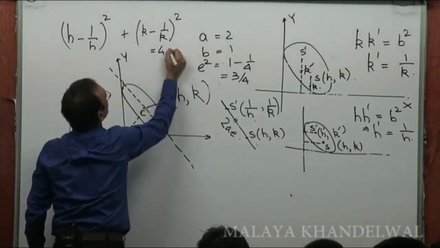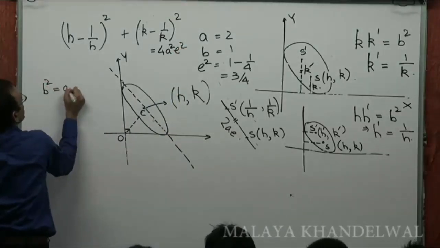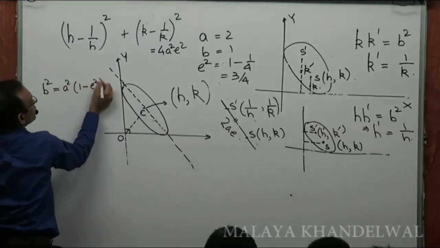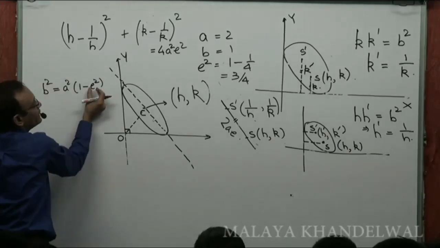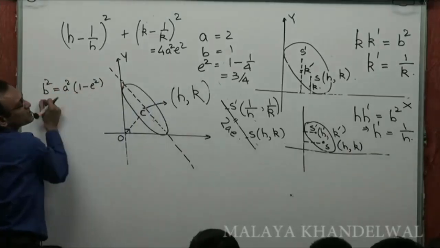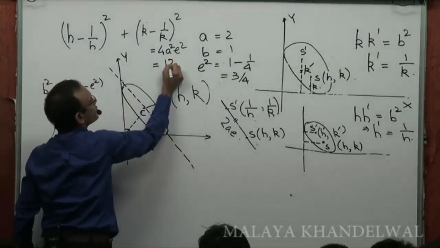In fact, b squared is a squared into 1 minus e squared. So very clearly you didn't even need to know e separately. A squared e squared is simply a squared minus b squared. That means 4 minus 1, 3. That makes it 12.